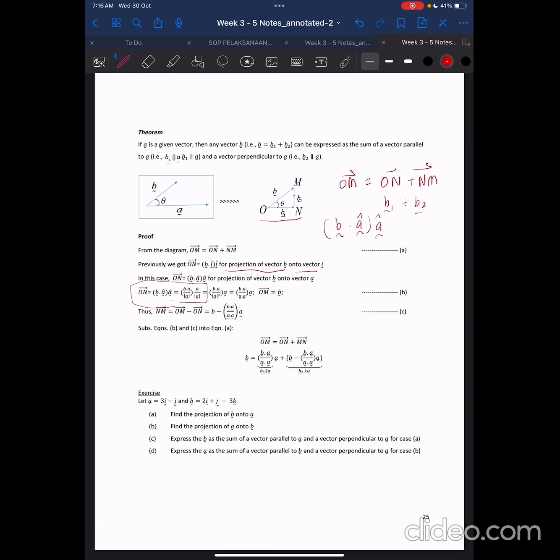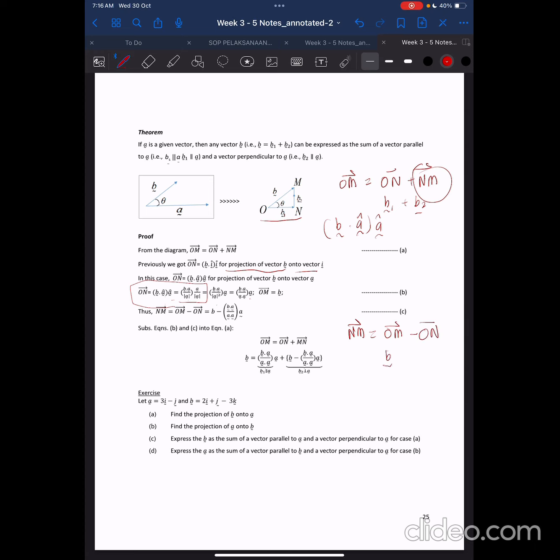Okay, so this is what it means: B dot A multiplied by A, with the magnitude of A multiplied by the magnitude of A, that is squared, below. Okay, or you can express it in this way also. And OM is B. Okay, so if we want to find NM, which is B2, it is OM minus ON.